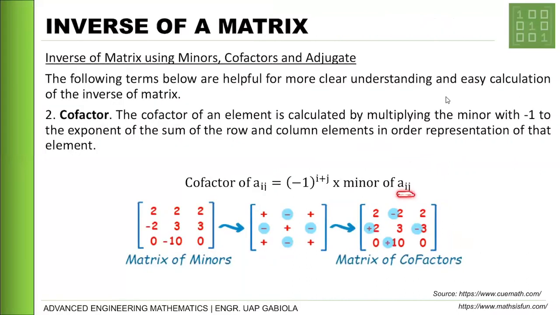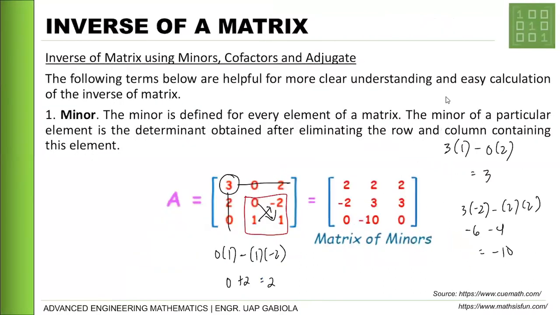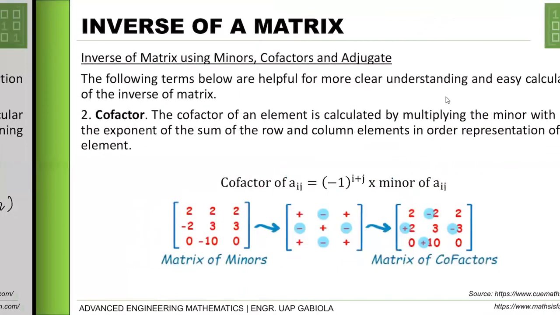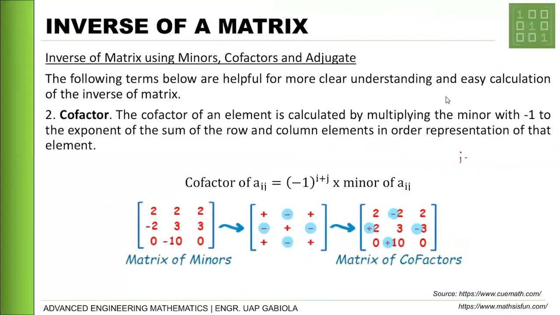Diba ang AIJ na sinasabi niya is kung ang I natin dito is yung row, yung J natin is yung column natin. Okay? So, halimbawa ay A22. Okay? So, A22 natin is second row, second column, kung saan yung intersection, yun yan. Okay? So, ibig sabihin si 3 yun.